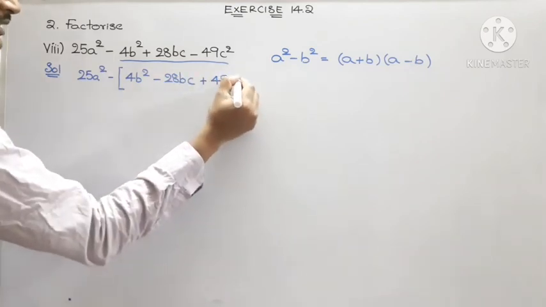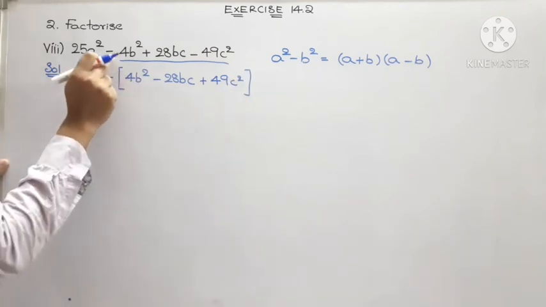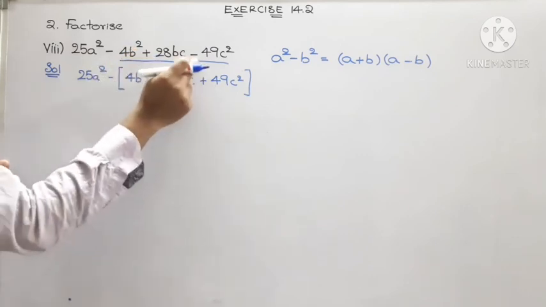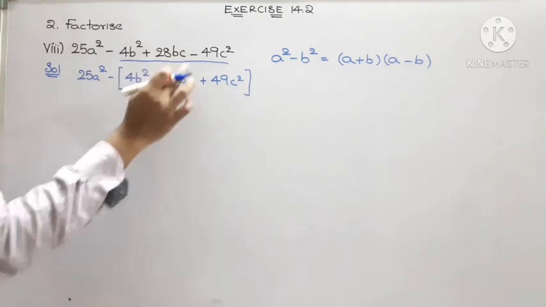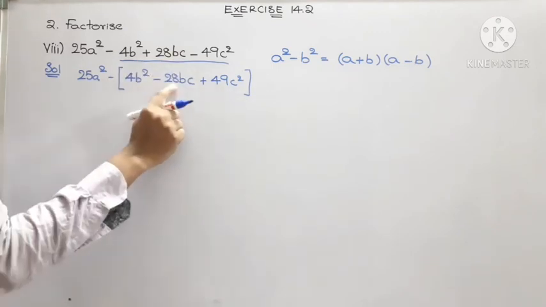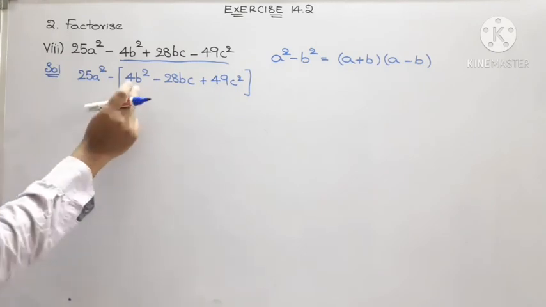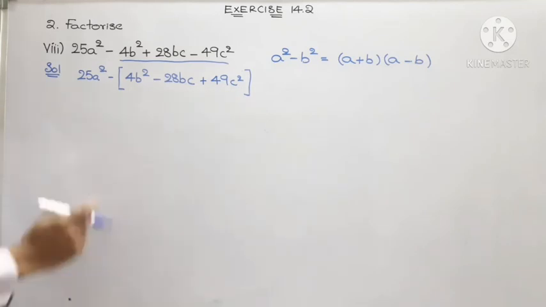Minus into plus is minus, minus into minus is plus, minus into plus is minus. Now if you observe this new form, 4b square minus 28bc plus 49c square, is it not of the form a square minus 2ab plus b square?